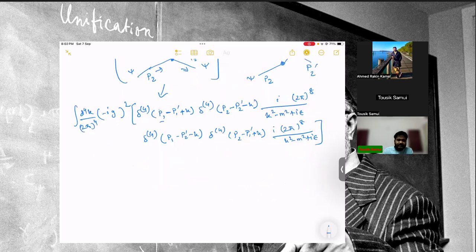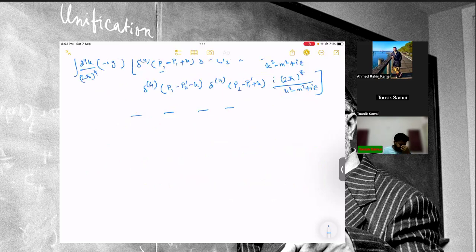Okay, now let me come to the case of QED, because what has been shown is for a theory where everything is scalar.